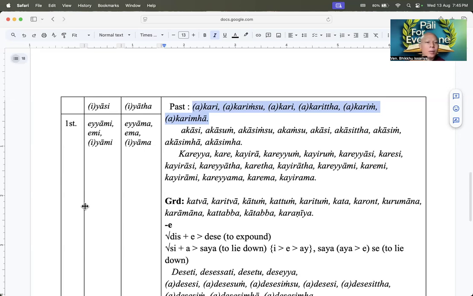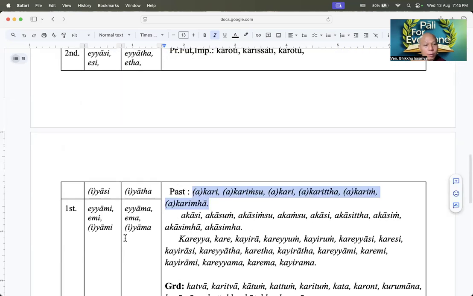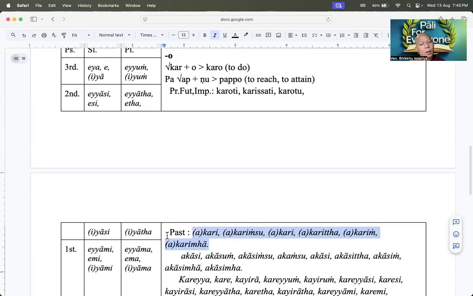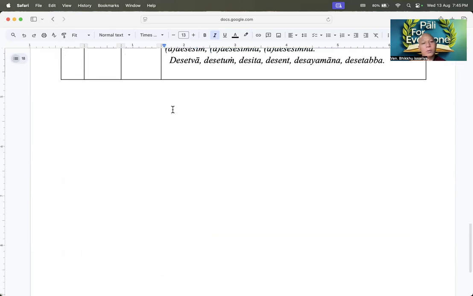Okay, so now here are all those verb terminations. To form the verb, firstly, mostly, we add the conjugation sign to the root, and at that time we will have the verb base.